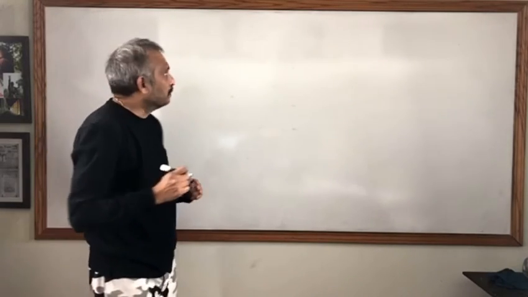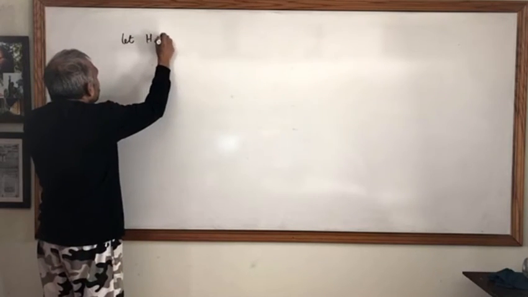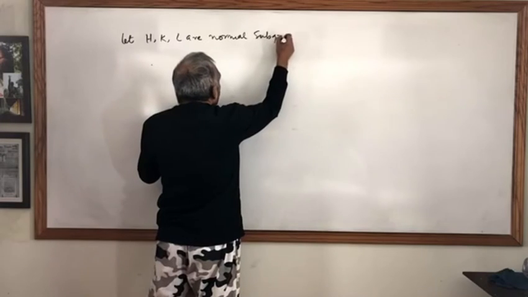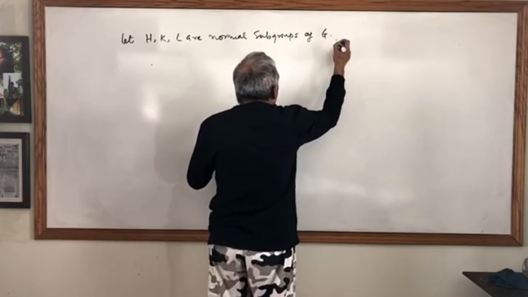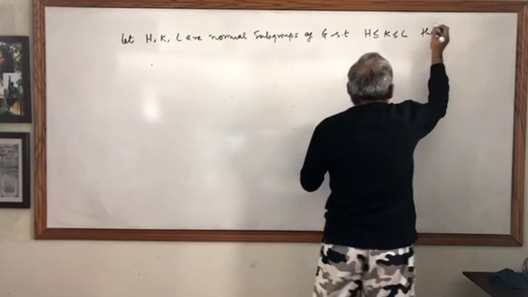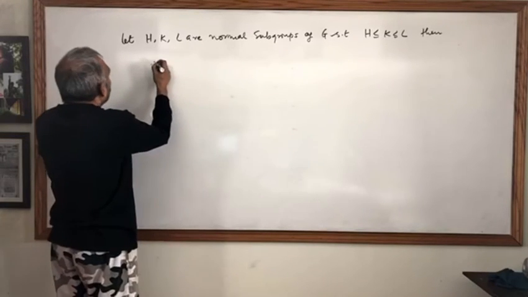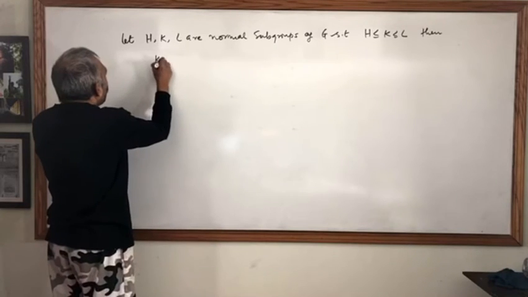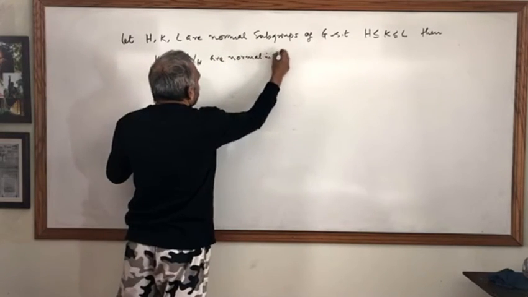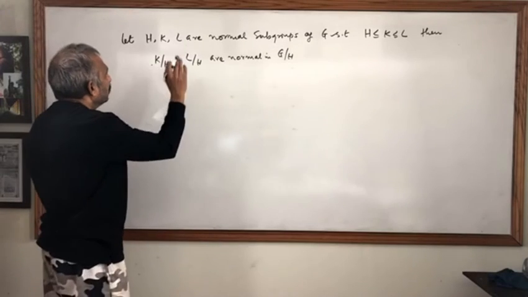So let us do another very simple problem. Let H, K, L be normal subgroups of G such that H is a subgroup of K is a subgroup of L. Then K over H and L over H are normal in G over H. It's a very simple problem, but I thought let us do this.